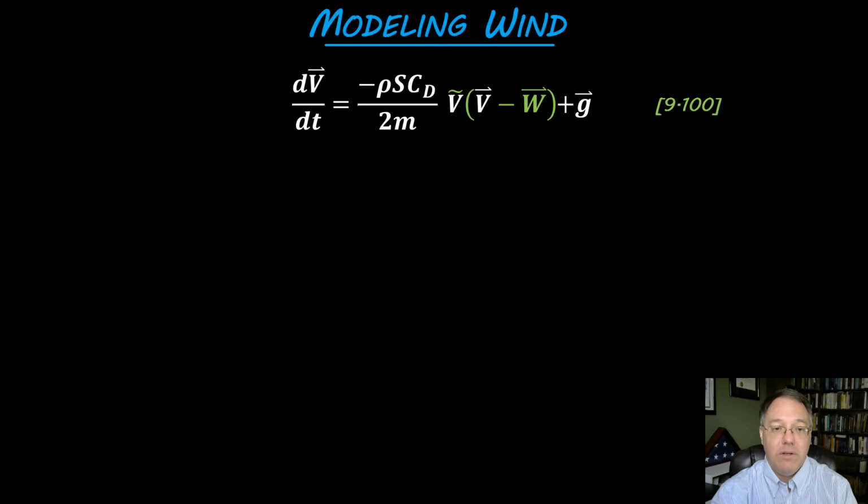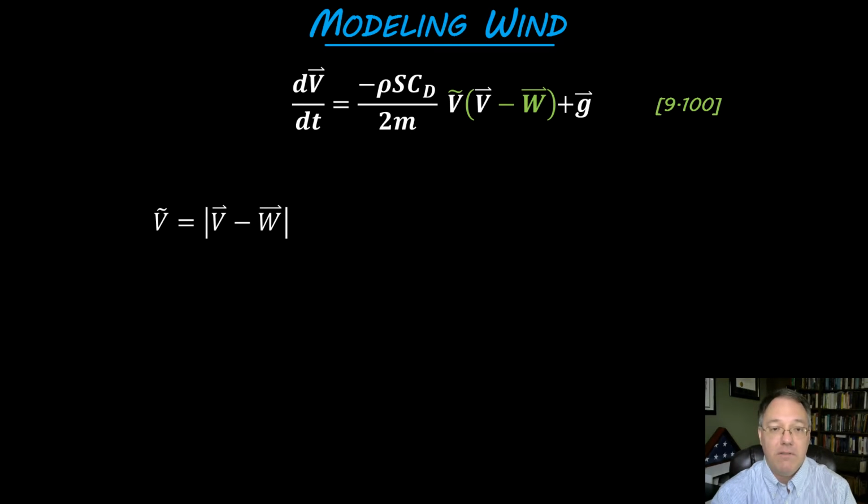What we do is make a difference in the wind. The wind is going to be subtracted out of the velocity of the projectile to get a relative velocity, and for our scalar we're going to put this tilde over it, and that v tilde is just the absolute value of that difference with the wind velocity.